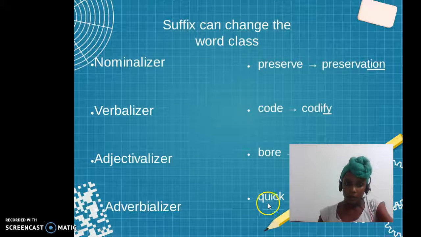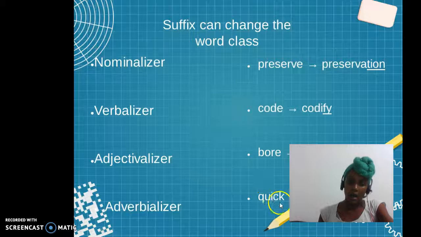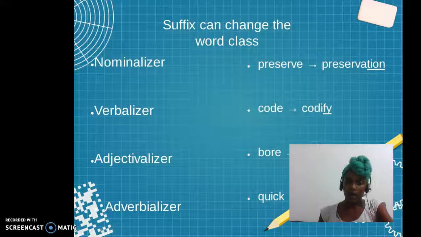Finally, we have quick, which is an adjective, and when you put the suffix, this word becomes an adverb. For this reason, this suffix is named an adverbializer.